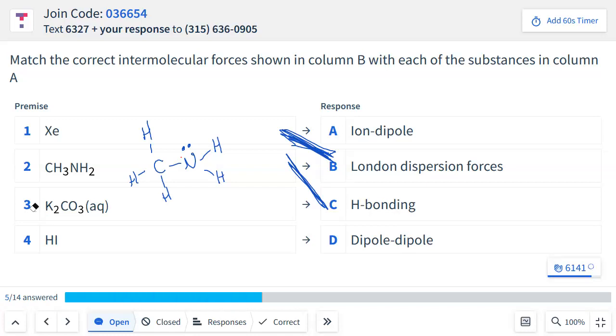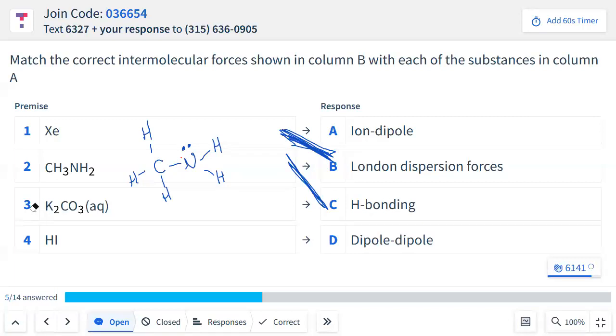I have to have something that is polar, asymmetrical. That certainly qualifies. And I have to have one of those special kinds of bonds: NH, OH, FH. Well, the amine part of methylamine has two nitrogen to hydrogen bonds. That's one of the requirements. So I've got polar and I've got NH. I've got both. I've got hydrogen bonding here.